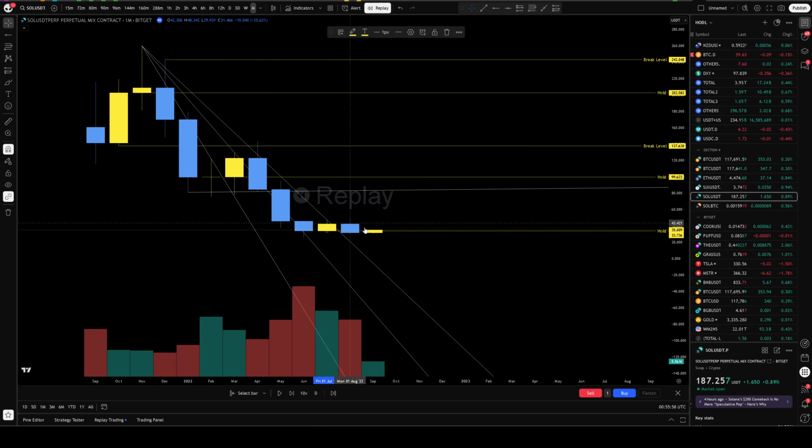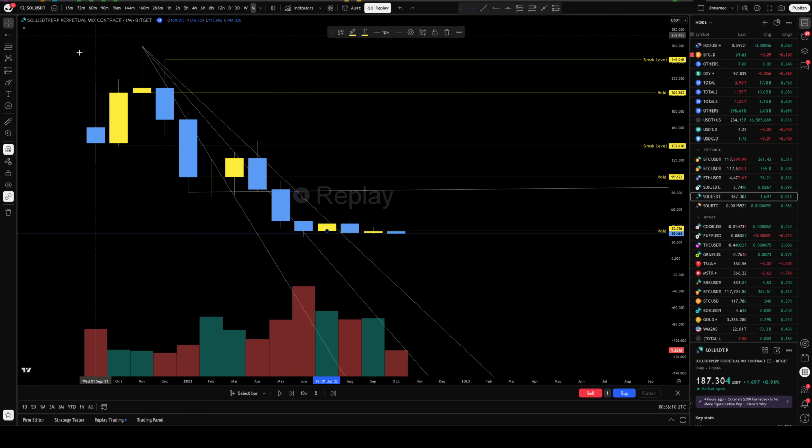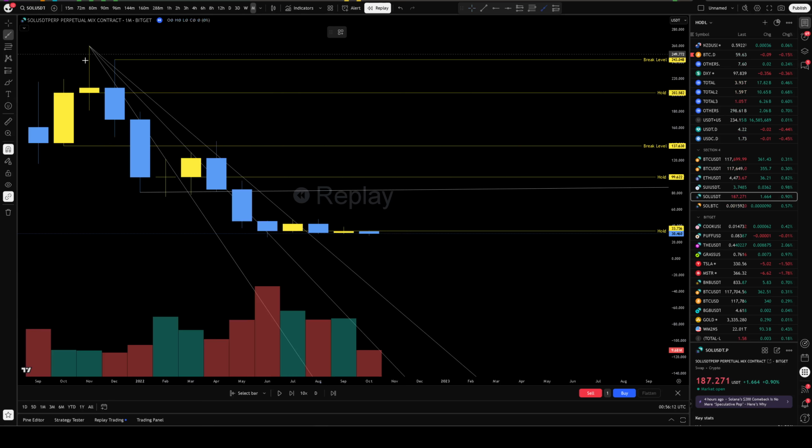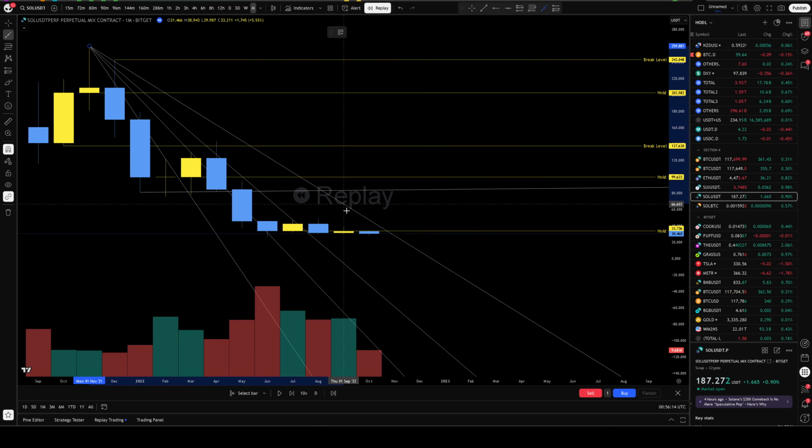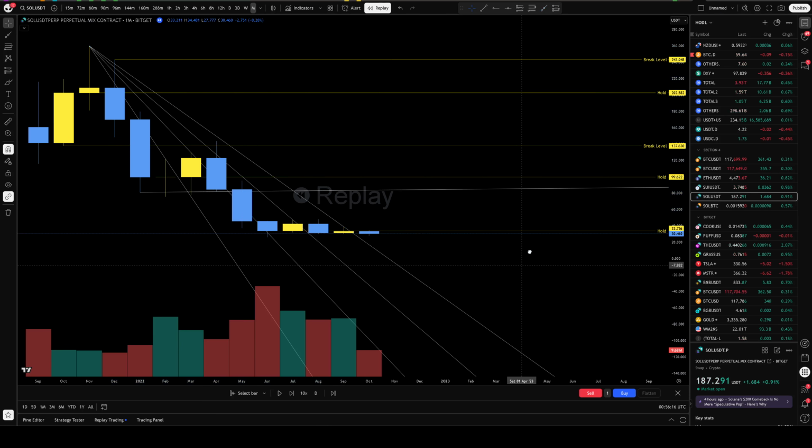So therefore, we've still got more resistance in play than what we have any form of support. So let's just see how that goes. See, we can see we're rejecting off resistance. We closed it yellow, and now we've got our next trend. Okay.